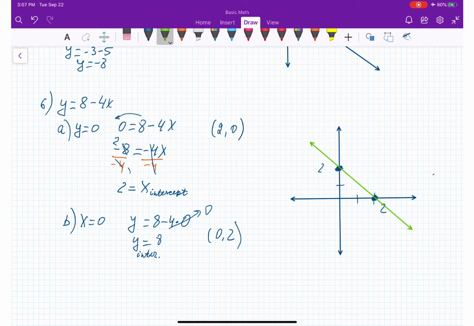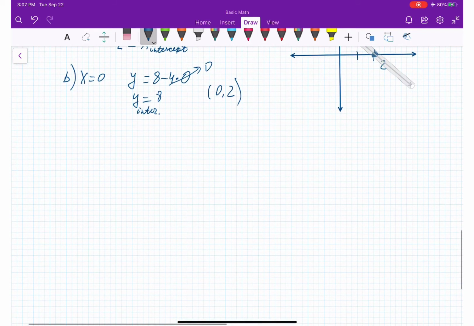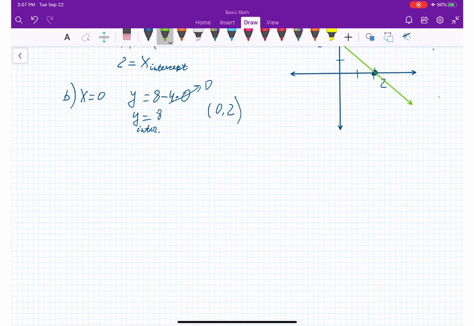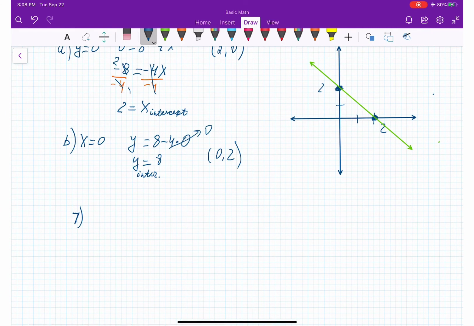Okay, question number 7. Next. Negative 8y is equal to 2 plus x.